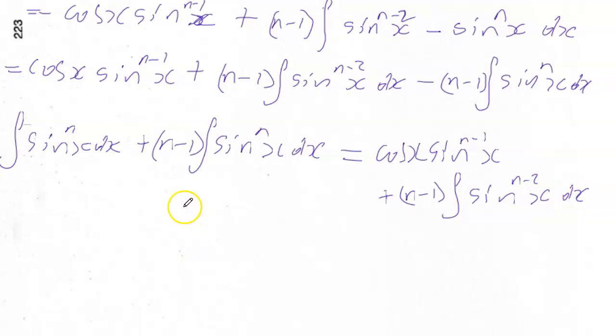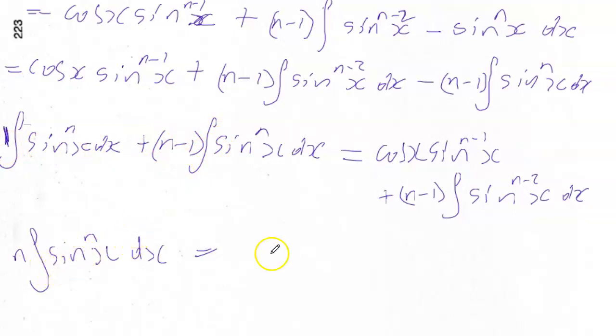So, we group these terms now. On the left hand side, we end up with just n times the integral of sine x to the power of n dx. Since what we have here is 1 of the term plus n minus 1 of the same term, and the 1 and the negative 1 cancel to just give you n.